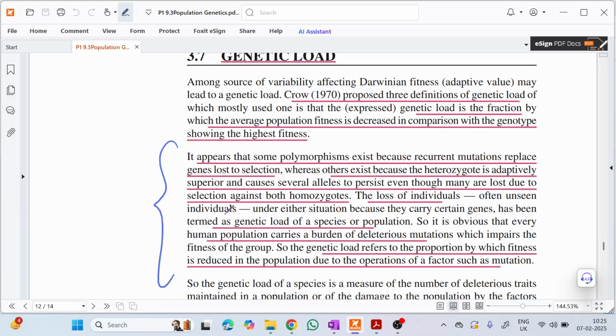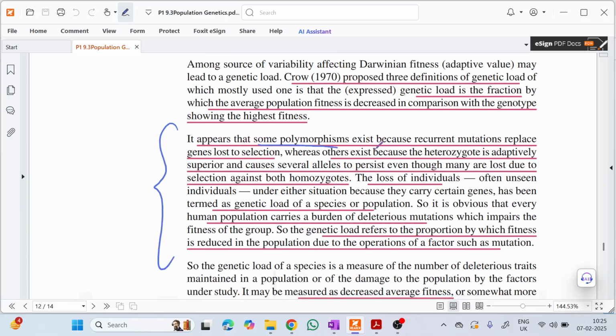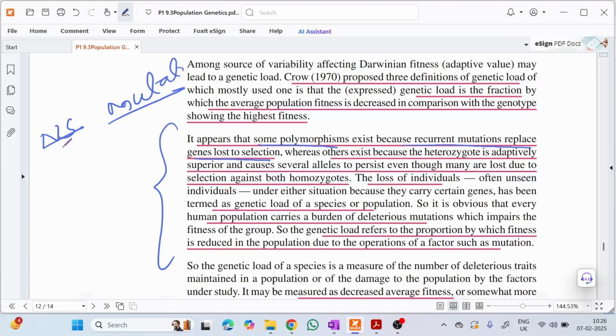Then, the next paragraph: it appears that some polymorphism exists because recurrent mutations replace genes lost to selection. If you can recall what was discussed in one of the previous videos, I said that there are two processes in nature, one that brings in uniformity, natural selection, and the other that brings in diversity, that is mutation.